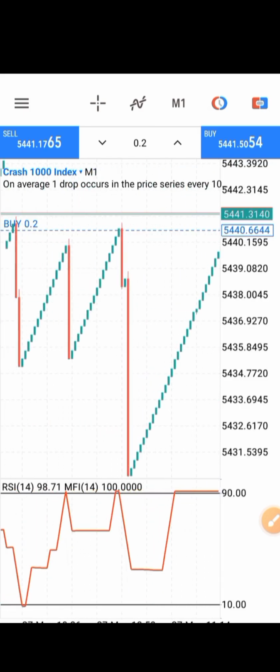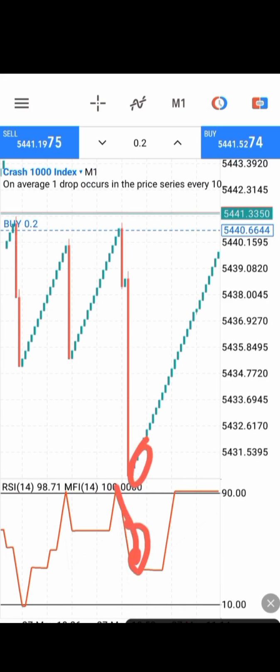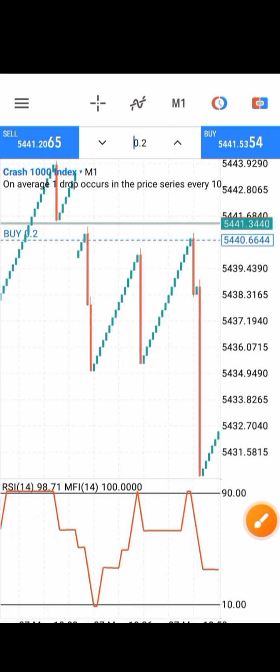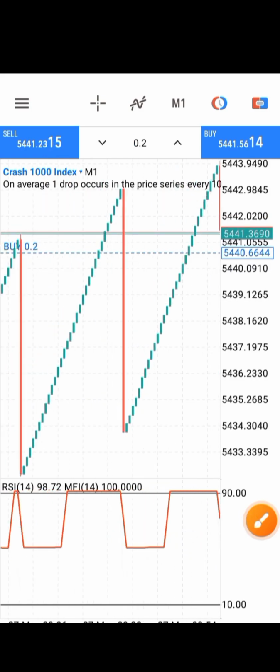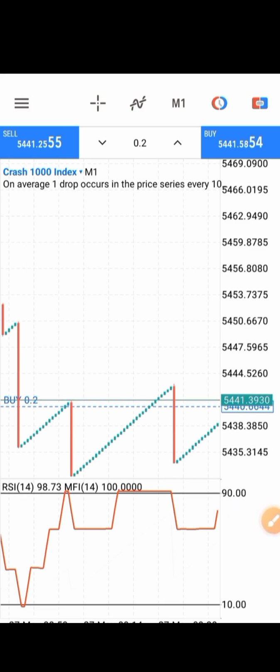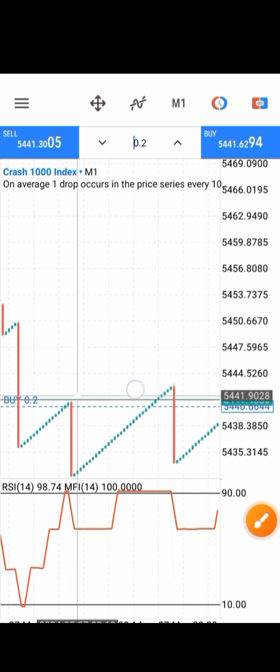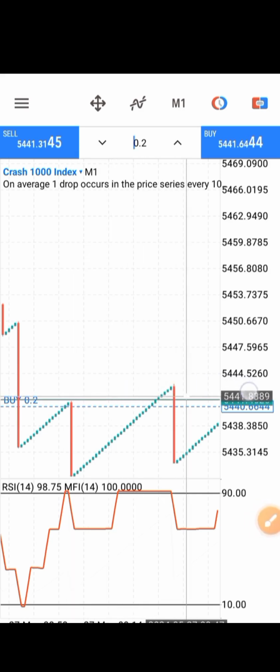It is called scalping. The spike happens here, you enter for buy here, count your five candles. The spike occurs here, you enter for buy here, count your five candles. The market drags the MFI to the level 90, the spike occurs here, so you enter for buy at this level, you count your five candles, another spike occurs, count your five candles.